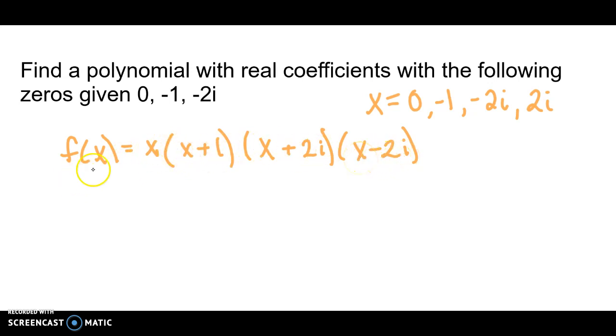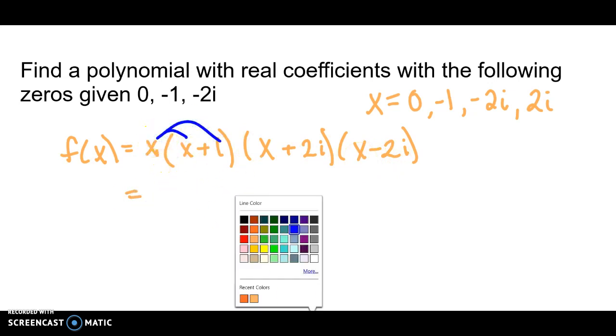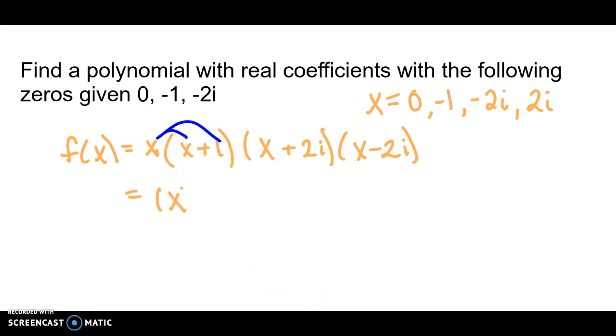If we wanted to go even a step further, I have x squared plus x. And if I multiply these two together, I would get x squared plus 4. Don't believe me? Multiply them out.